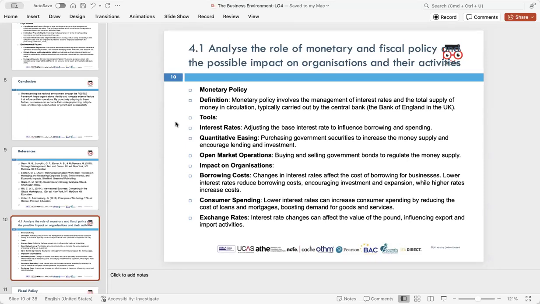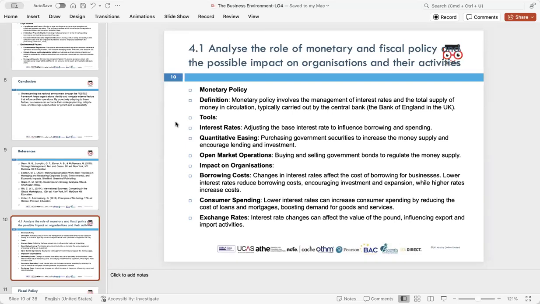Interest rates: the central bank adjusts the base interest rate to influence borrowing and spending within the economy. Lowering interest rates makes borrowing cheaper for businesses and consumers, encouraging investment and spending. Conversely, raising interest rates increases borrowing costs, which can reduce spending and investment.